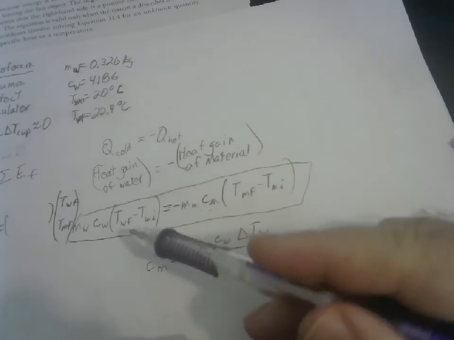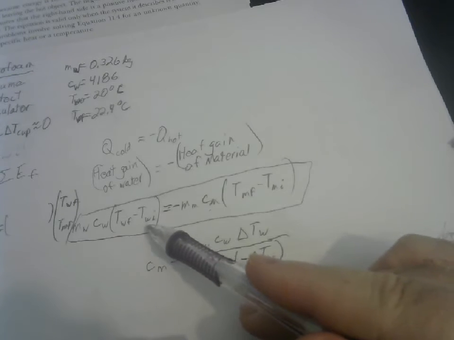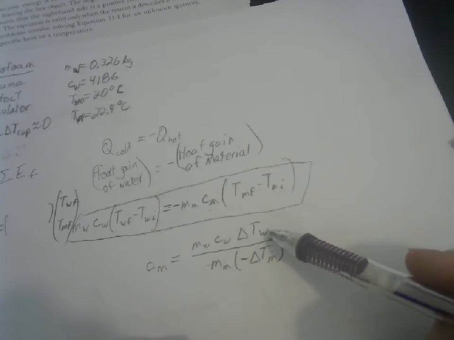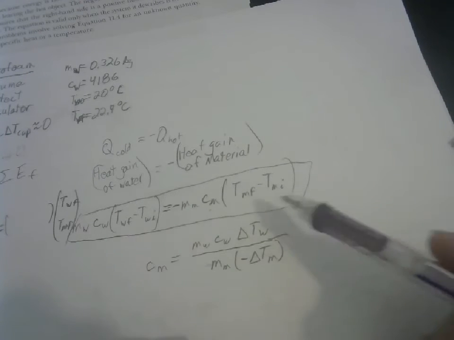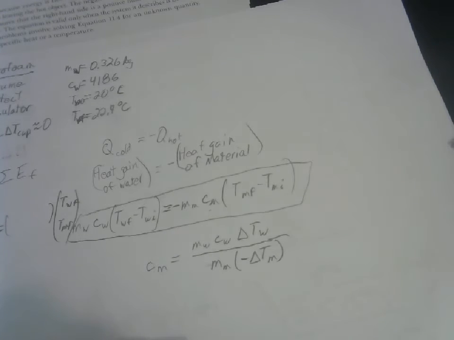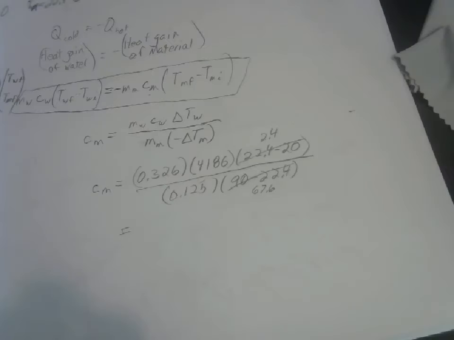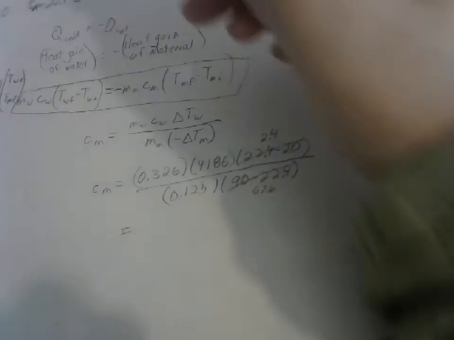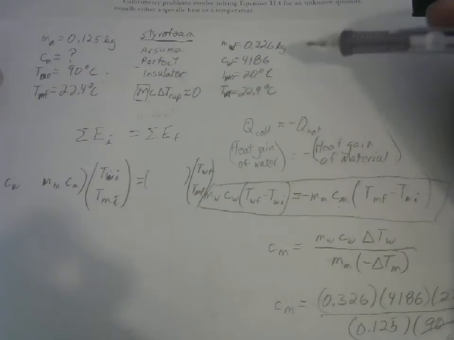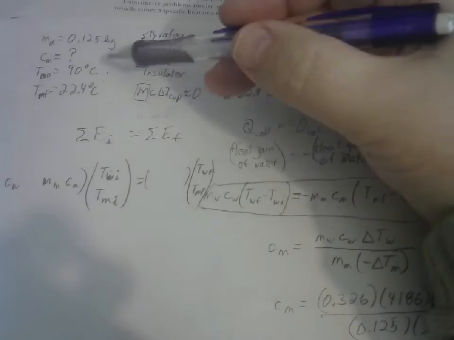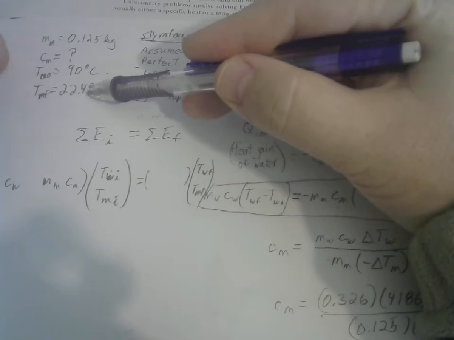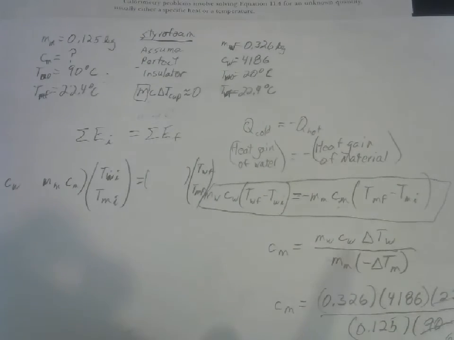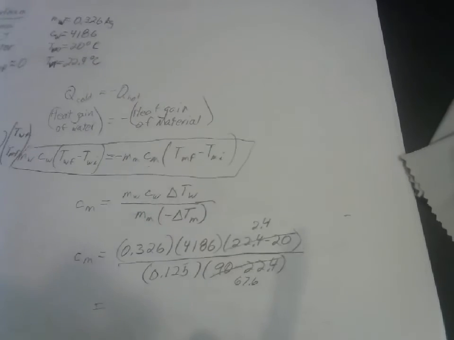I'm replacing the T water final minus T water initial with just a straight delta T water, and replacing T material final minus T material initial and the negative sign with a negative change in T of the material. You can see that the water has gone from 20 to 22.4 degrees, and so its change in temperature is 2.4 degrees, while the mystery material has gone down from 90 to 22.4 degrees, which is a change of negative 67.6.